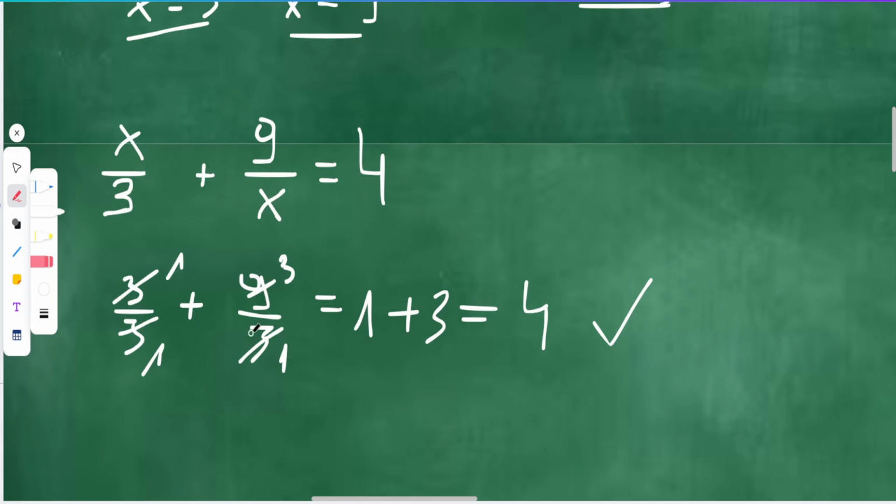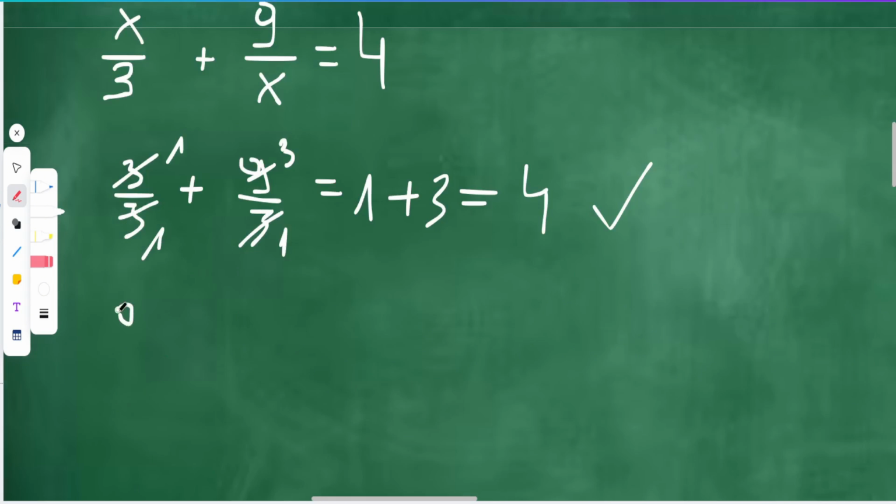It is correct. Let's try to insert now, since we put a 3 in place of x, a 9 divided by 3 plus 3 divided by... sorry, 9 divided by 9. Equals.